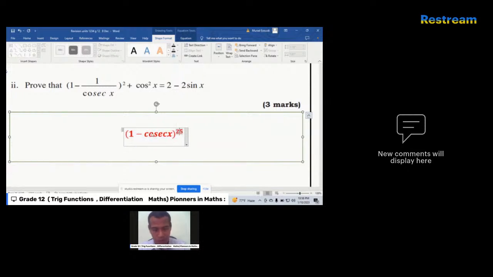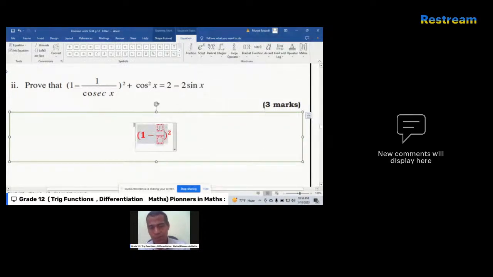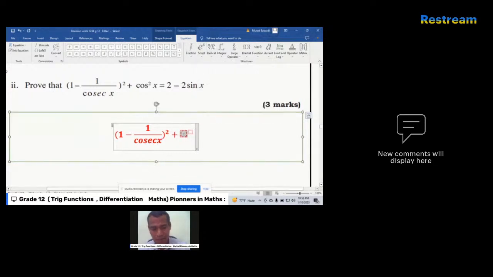Then I will change this as a fraction, 1 over cosec, plus cosine square of x.